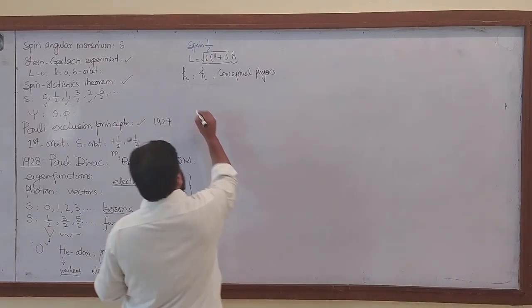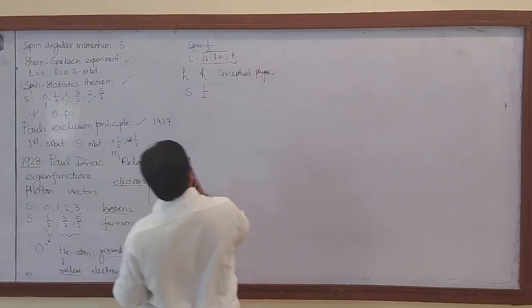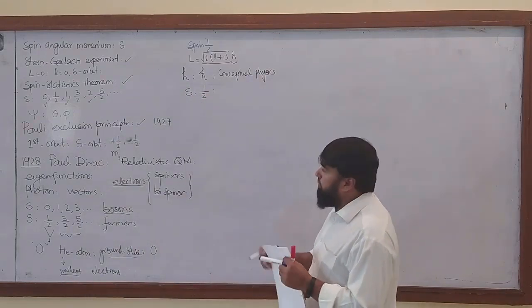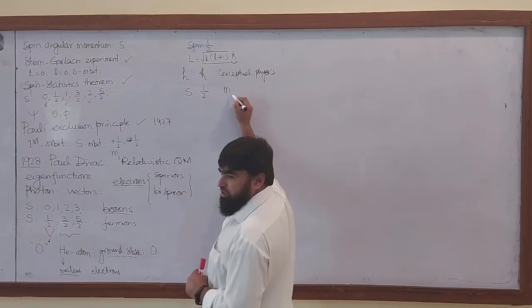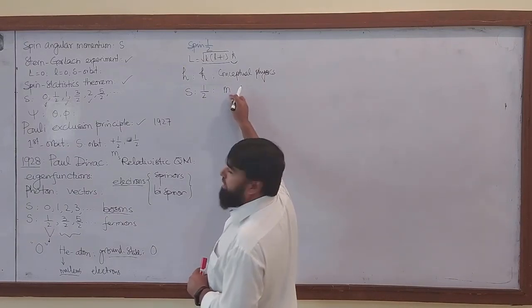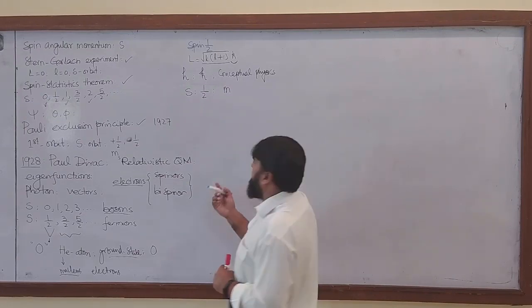So when I consider that S is half, spin half, then there will be 2 values of m_s. It is always difficult to write the s over here, so we will go only with m.